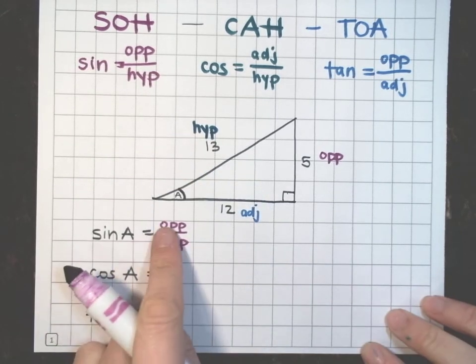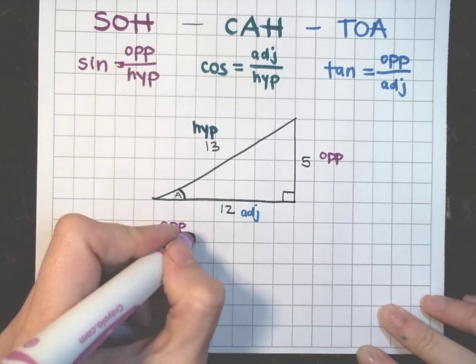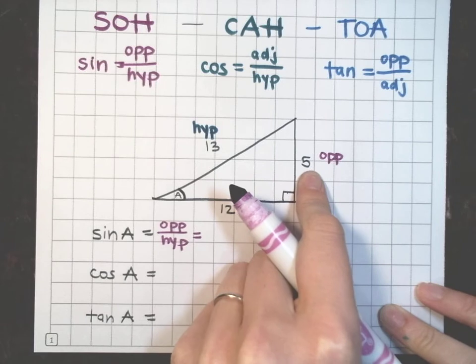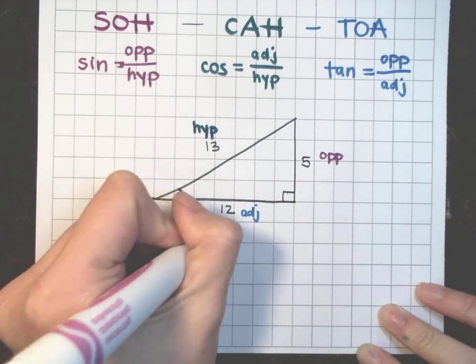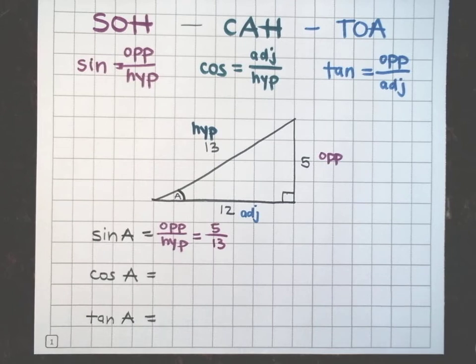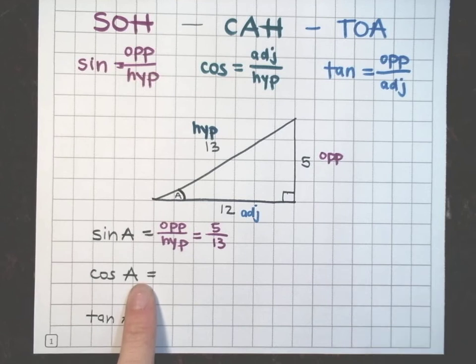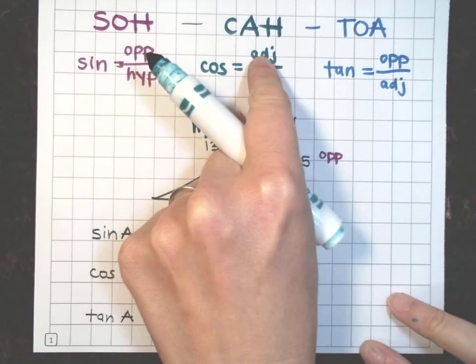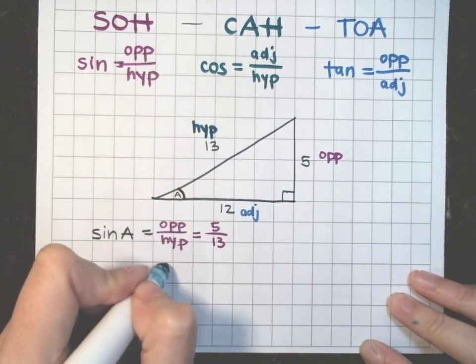So for sine, we divide the opposite by the hypotenuse, which means our opposite side is 5 divided by the hypotenuse, which is 13. If we wanted to find the cosine of A, for cosine, we divide the adjacent side by the hypotenuse.